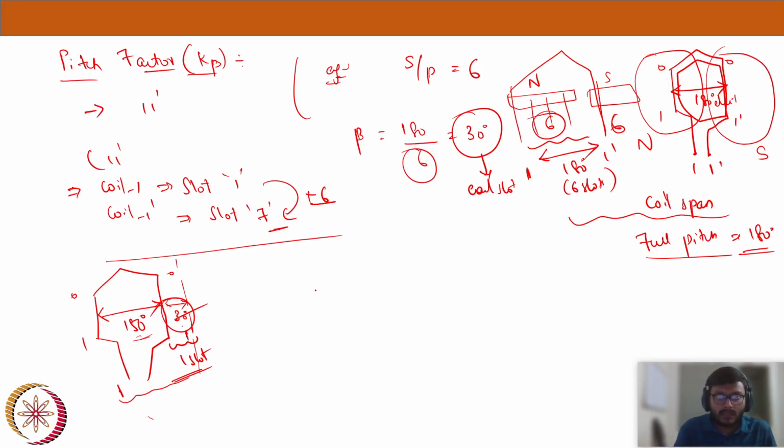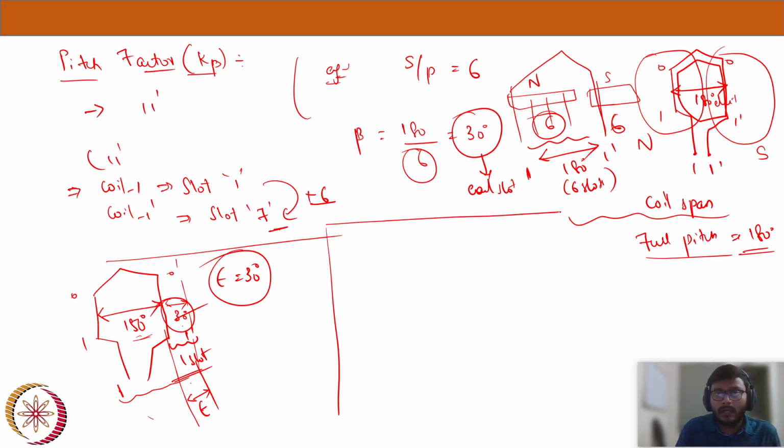So I will just try to show here. We will call this angle epsilon. Here epsilon is the short pitch angle, that is 30 degrees. We have short pitched our coil by 30 degrees. Now we are interested in calculating the induced voltage in this case. What is the induced voltage in a short pitch winding?